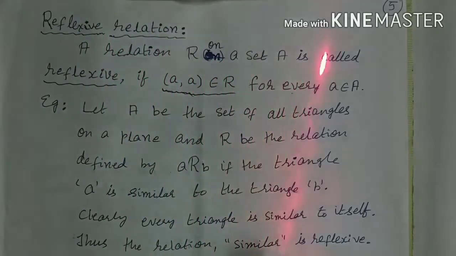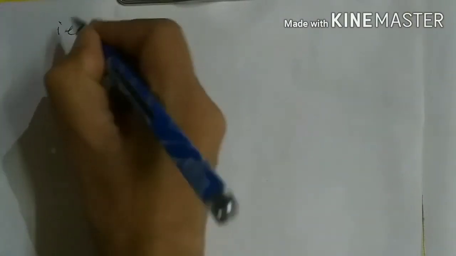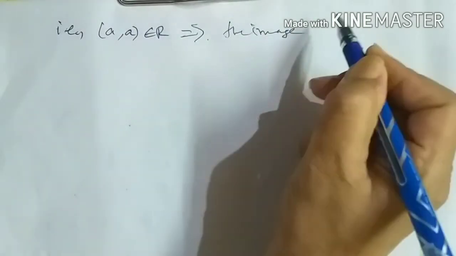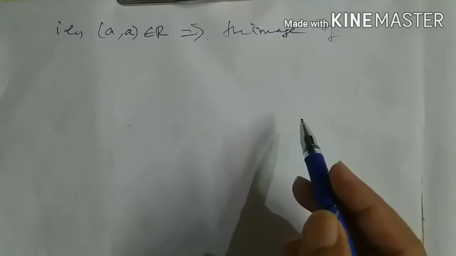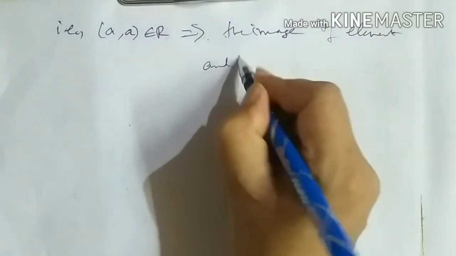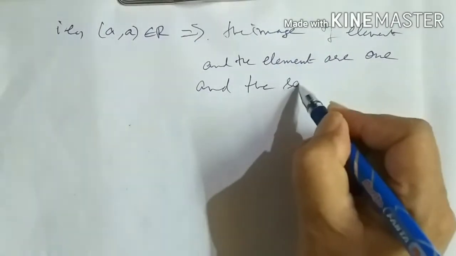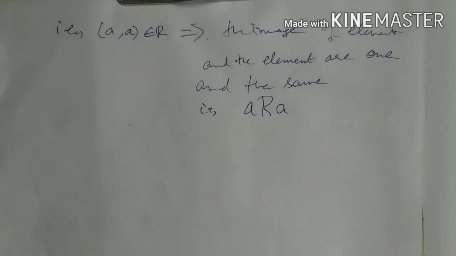A relation R on a set A is called reflexive if (A, A) belongs to R for every A belongs to A. That is, (A, A) belongs to R implies the image of the element and the element are one and the same. That is, A is related to A.